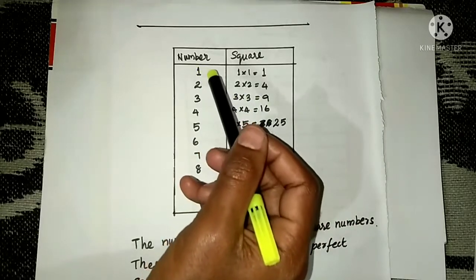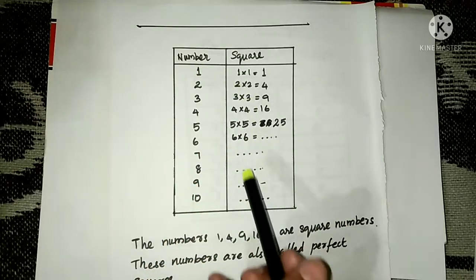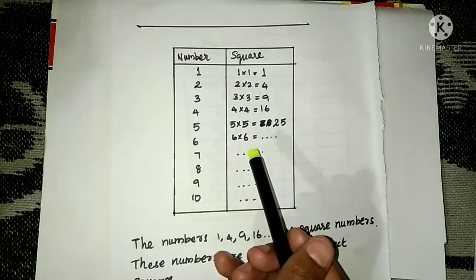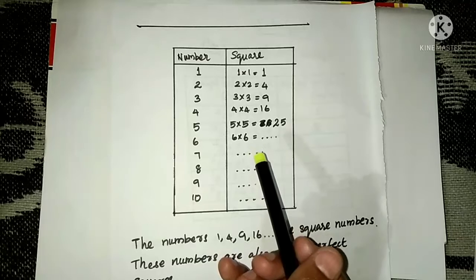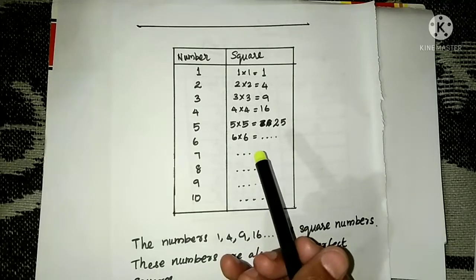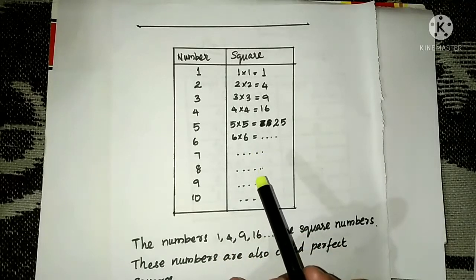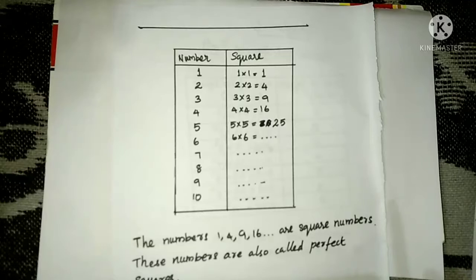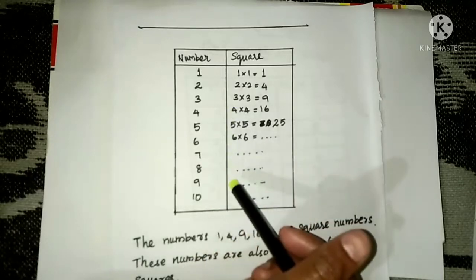Look at this table. From this table, we list the square numbers between 1 and 100. Are there any natural square numbers up to 100 left out in this list?